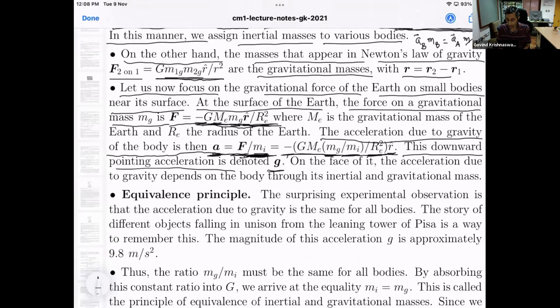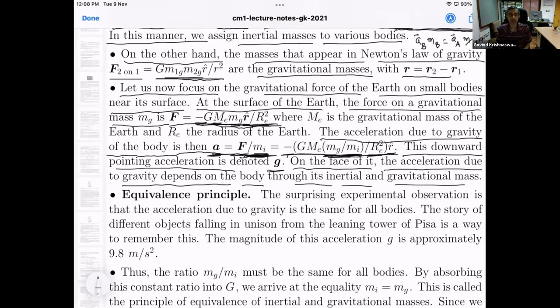On the face of it, the acceleration due to gravity depends on the body through its inertial and gravitational masses. Both quantities appear here, mg and mi. Both refer to the same body. So we have now made use of Newton's law of gravitation as well as Newton's second law.